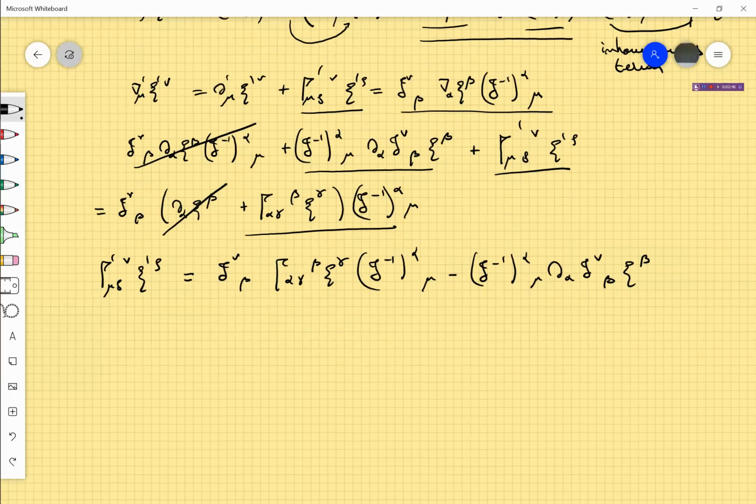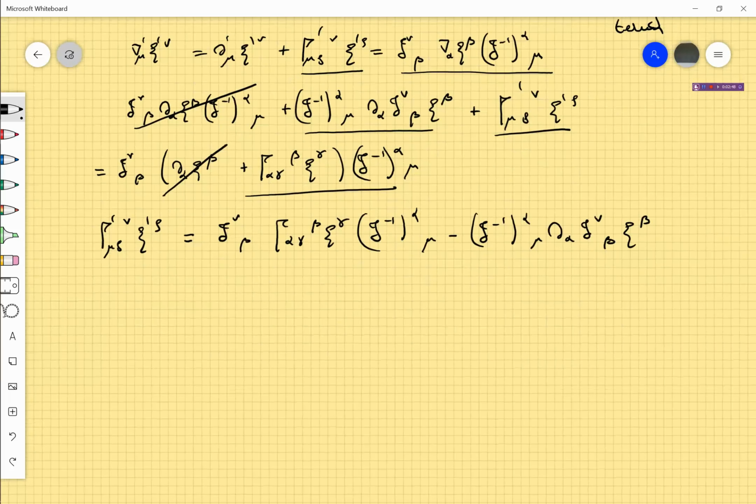Okay, let's add another piece of information, the fact that we know what psi prime rho is. So this is equal to gamma prime mu rho nu j rho, and here I'm going to choose gamma. So I think I will change this beta by gamma. Gamma psi gamma, and equal to all this.